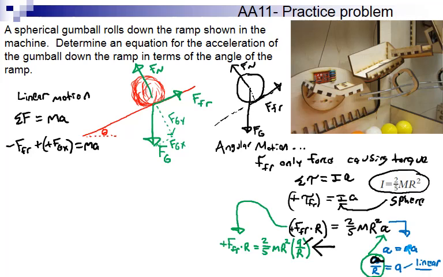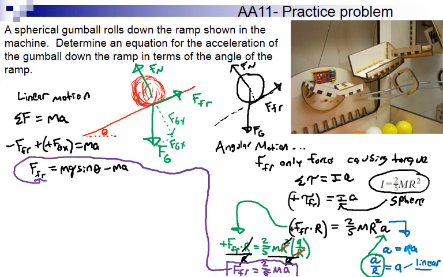So this is linear acceleration, this is the radius, and the radius will cancel out, this radius here will cancel out, and we can divide both sides by radius, then we can cancel these out here. So we're left with the force of friction is 2/5 ma, and that's linear acceleration.